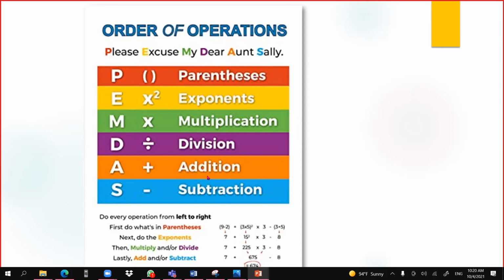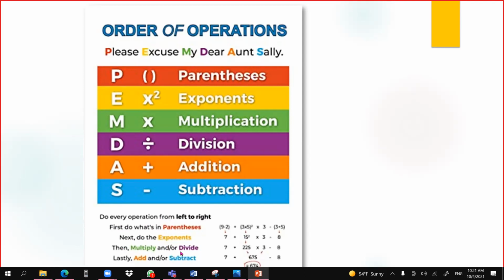And then they told you here, do every operation from left to right. First do what's in parentheses. Next, multiply and or divide. As I told you yesterday, multiplication and division have the same priority.